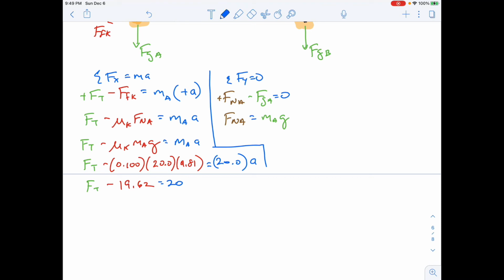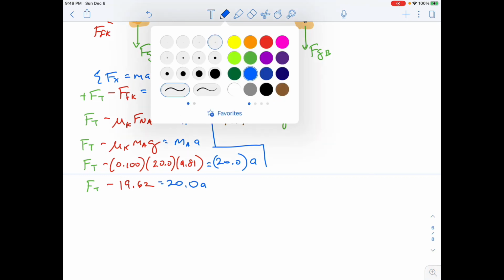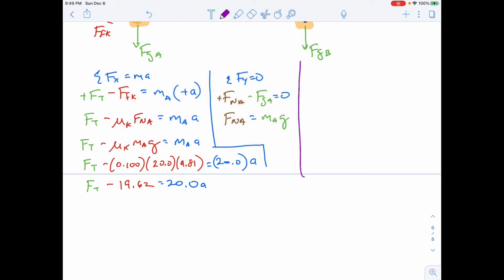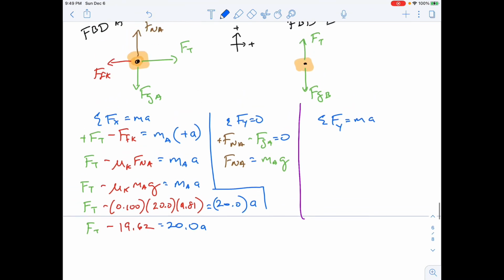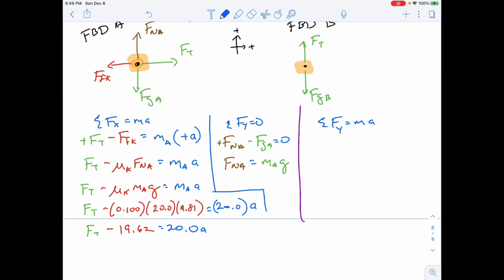So we're stuck because we have two unknowns. Well, good thing we have a whole other equation to look at for object B. So summation of the forces for object B in the y equals ma, because we're hanging up and down.